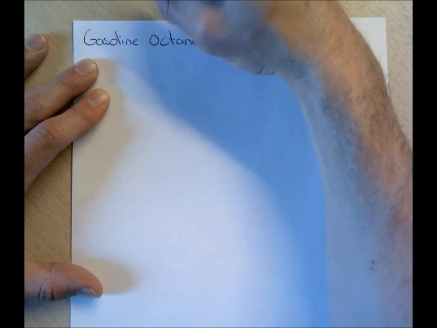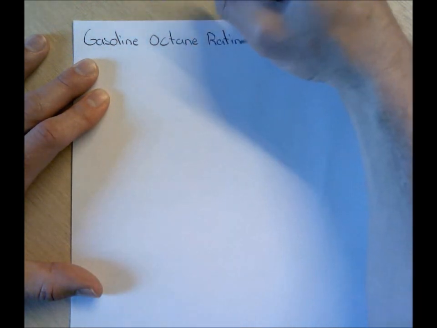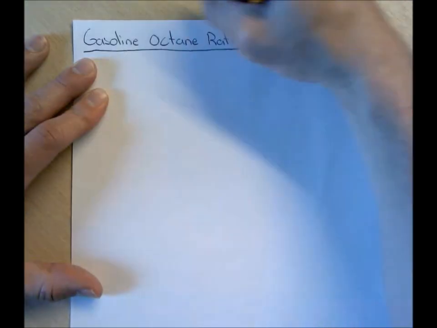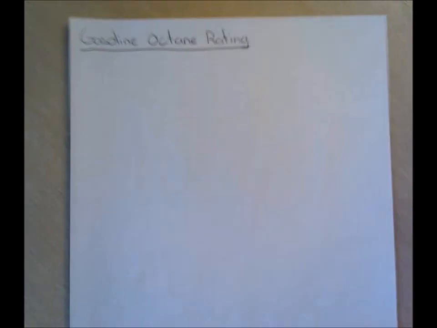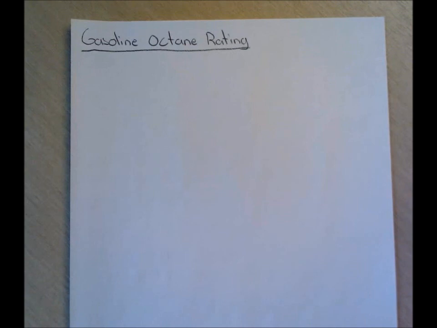When you see an octane rating at the gas pumps of a gas station, it's not actually octane that is added to the petroleum you put into your car. It's actually a substance known as 2,2,4-trimethyl pentane, which is often also known as isooctane, and that's where that octane rating came from.